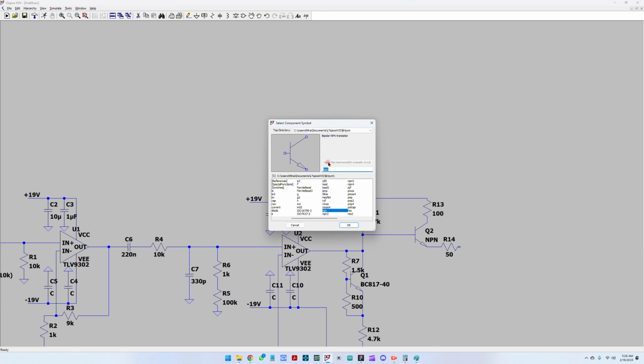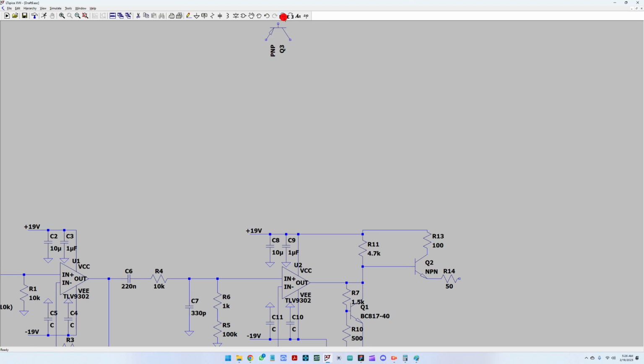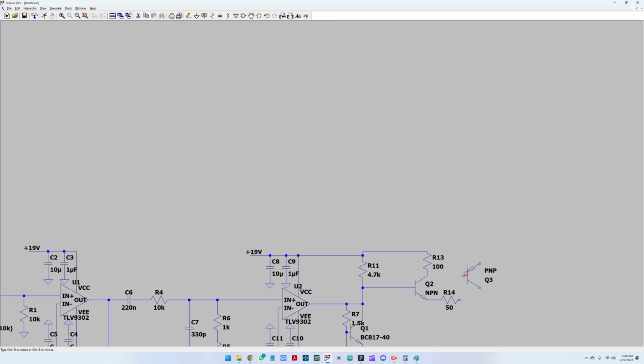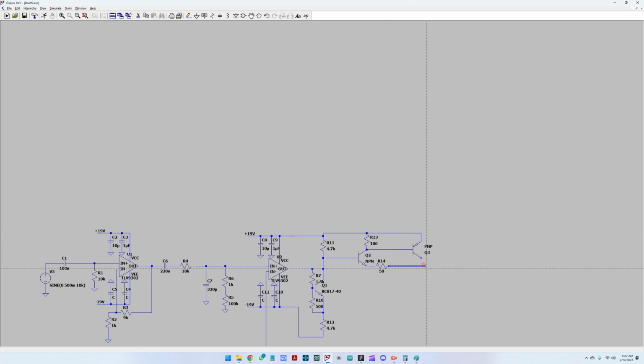Okay, great. And last but not least, we will need a PNP transistor, and we have one here. This PNP transistor shall drive the speaker on the output, and I'm going to connect this here, and the base to the collector of the driving transistor. Okay, and the driving transistor to the emitter, just so that the circuit functions in the following way.